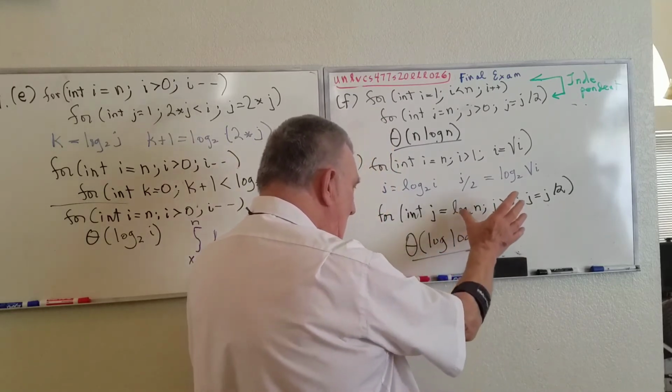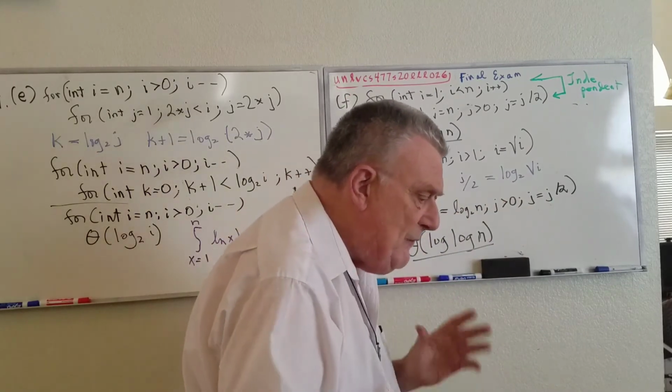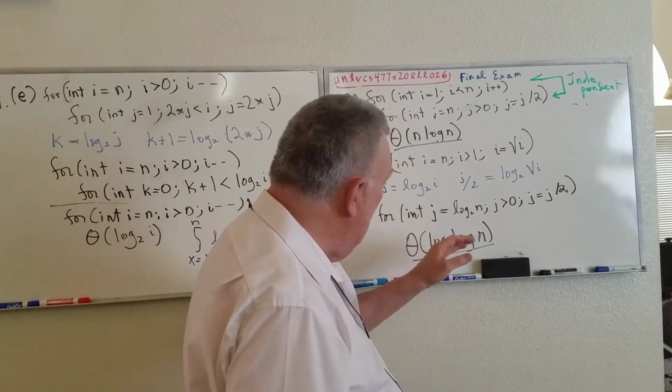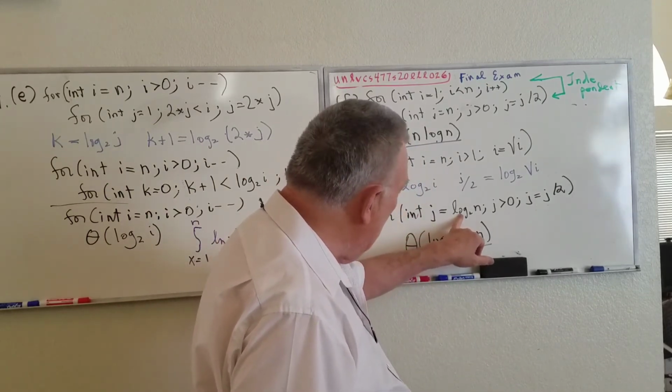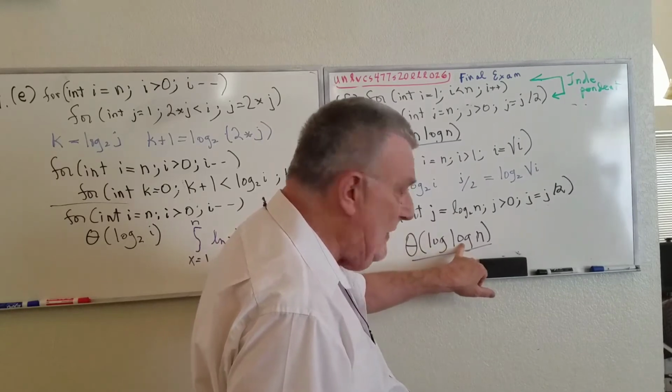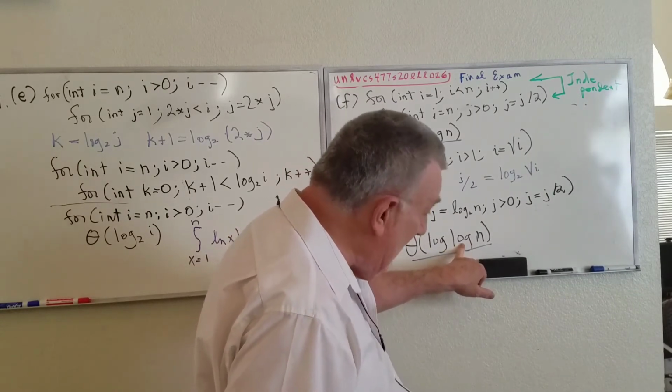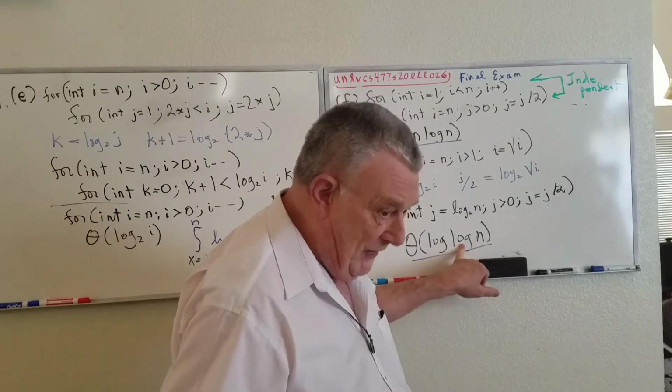Now, we know that when we halve every time, we get the logarithm of the beginning. So we get the logarithm of log n. So it's theta of log log n, not n log n, but log log n.